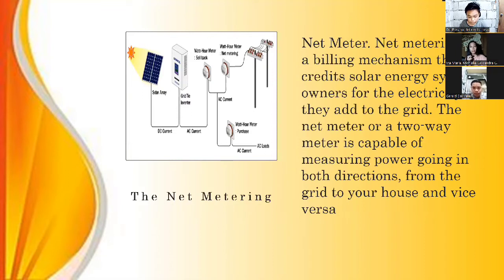Pwede siyang conductor lang at meron din na conductor para sa mga utility. Yun yung net metering na makikita sa mga poste. And then yung AC mapupunta sa mga saksakan ng mga appliances kasi yung AC ang magpapagana sa mga appliances.